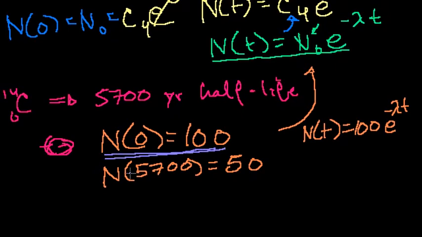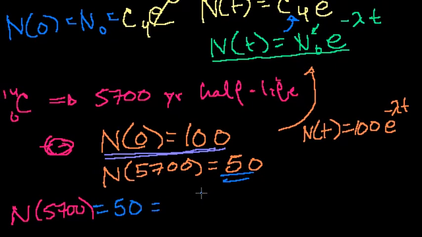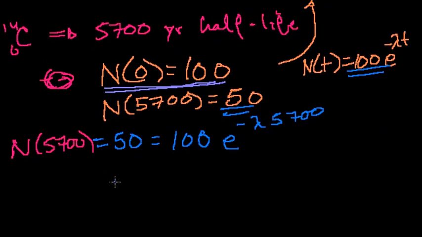And we also know that N of 5,700 is 1 half-life away, so we have half as much of our compound left. That's equal to 50, which is equal to 100 times e to the minus lambda times 5,700. And now we just solve for lambda, and then we'll have a general equation for how much carbon we have at any given moment in time.